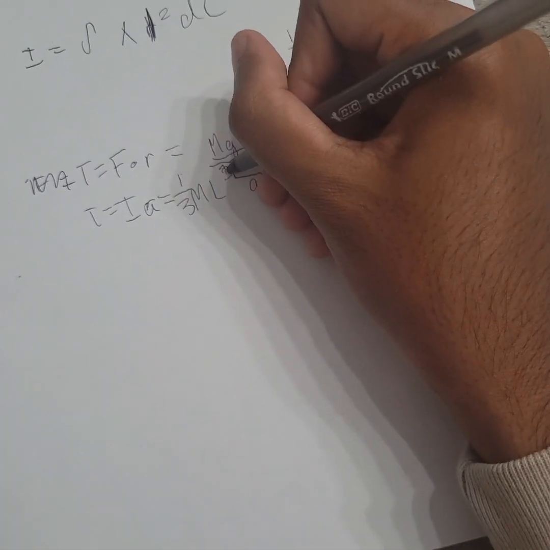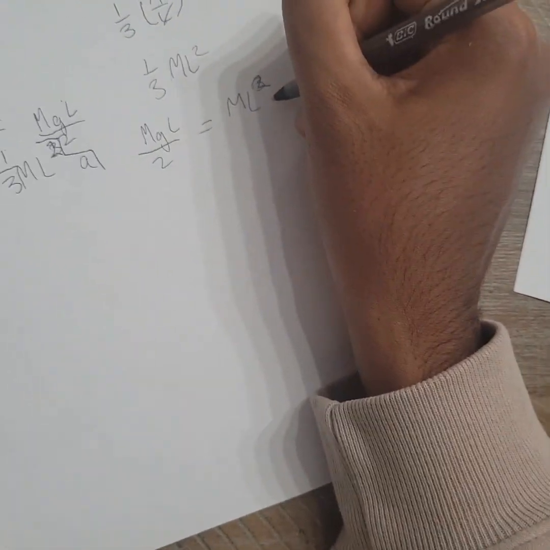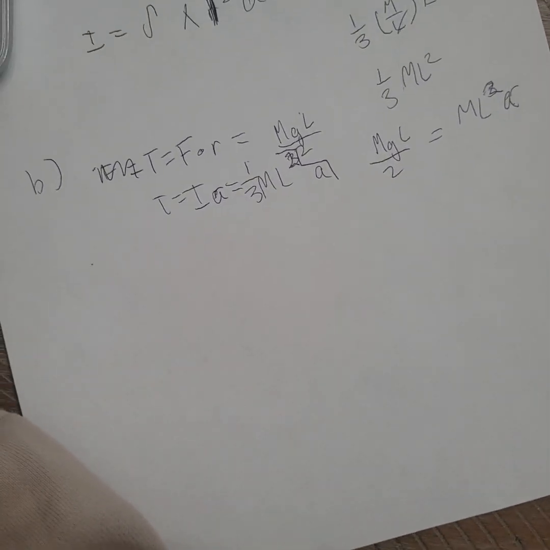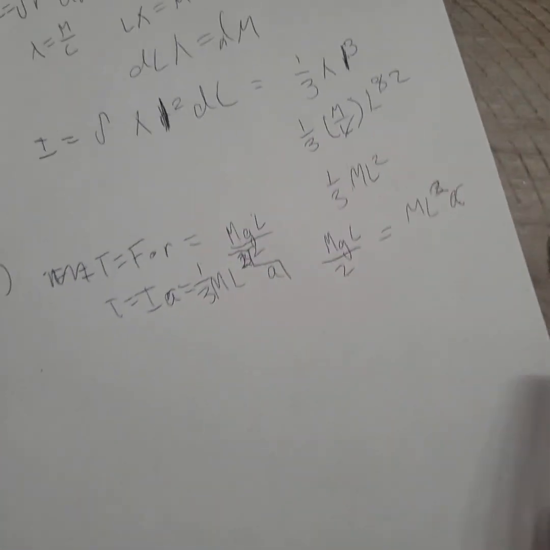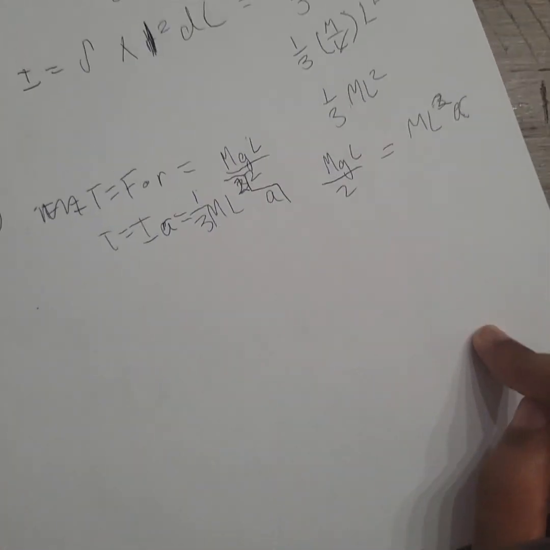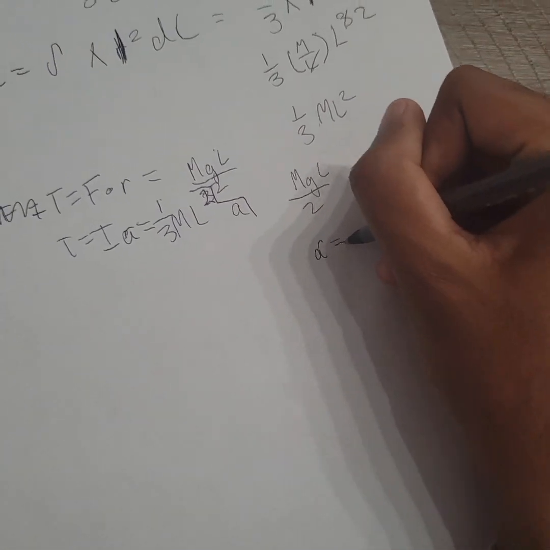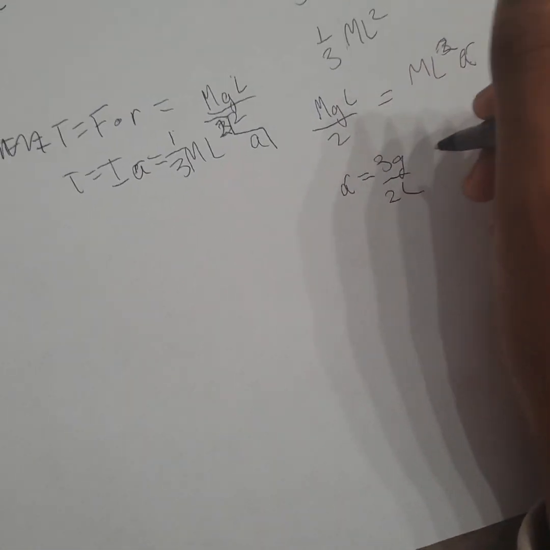So then what you can do next is solve for alpha, because that's the only unknown in this equation, that's what we're basically trying to solve for. The rest are constants. So if you solve for this, you get alpha equals 3g over 2L.